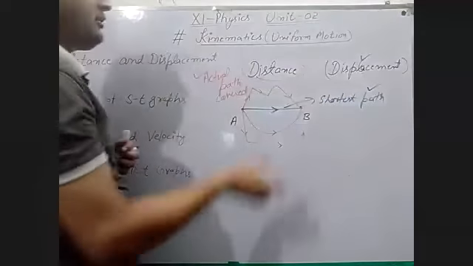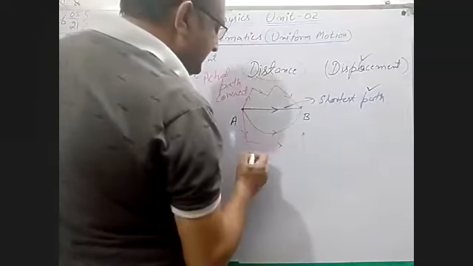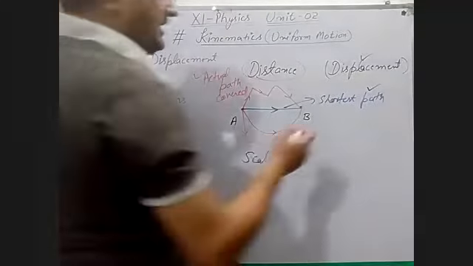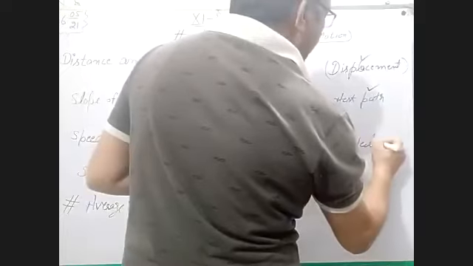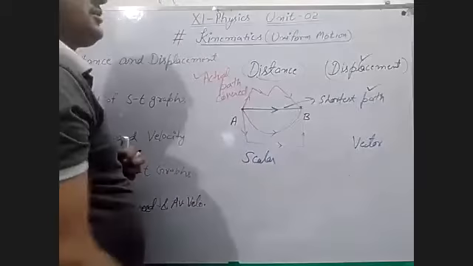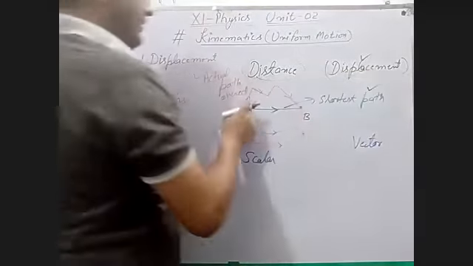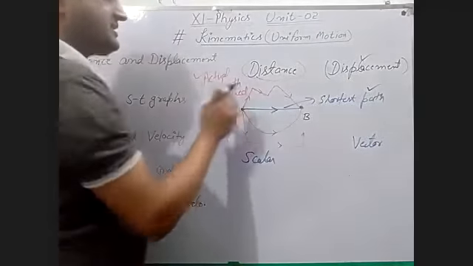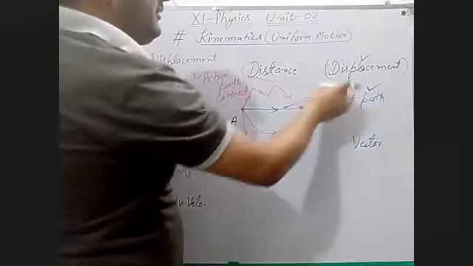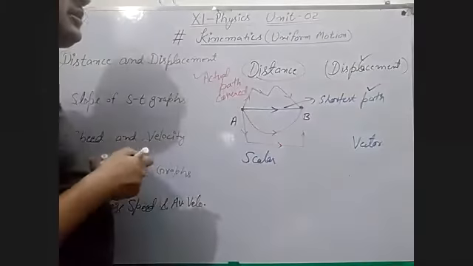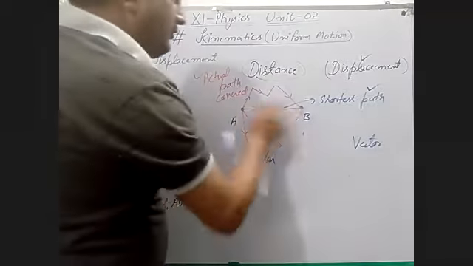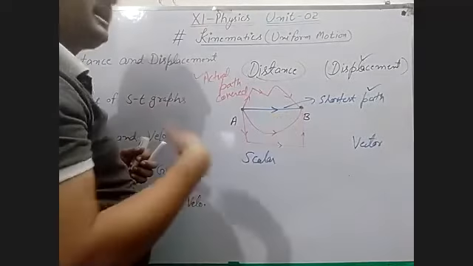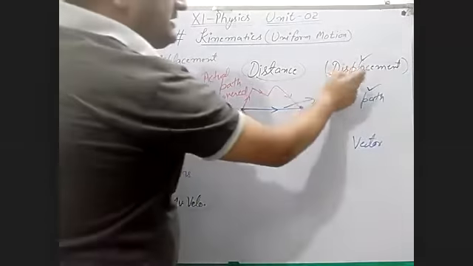Now another difference is this. Distance is a scalar quantity, and displacement is a vector quantity, because it has a particular direction. If you want to cover this path A to B in terms of displacement, then from A to B you have to take a straight path, a straight line.